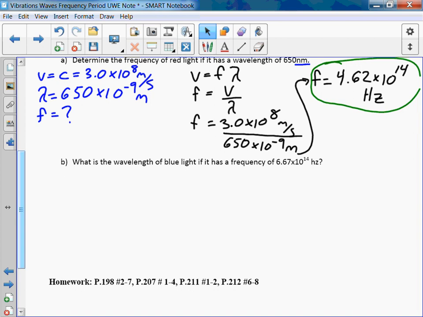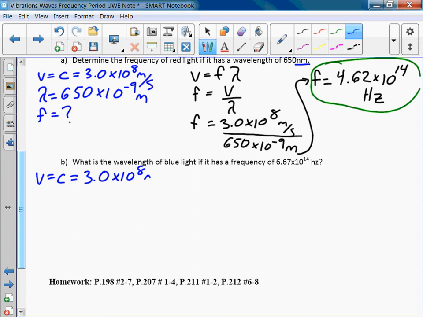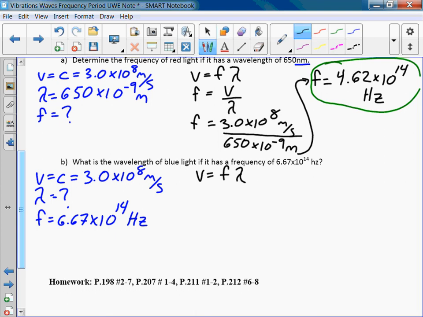All right, let's take this up. The velocity is still the speed of light. The wavelength is what we're solving for, and we're given the frequency this time. Velocity is equal to frequency times wavelength. If we solve for wavelength this time, it's just velocity divided by frequency.